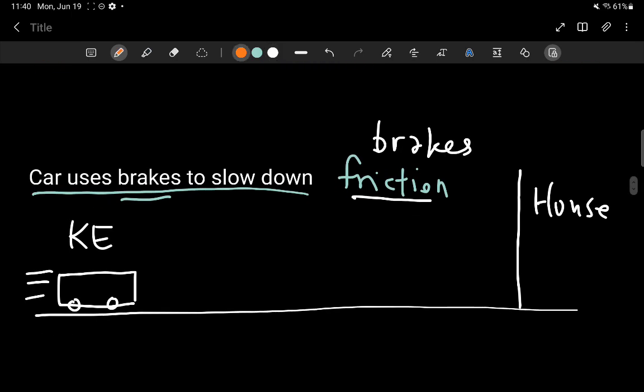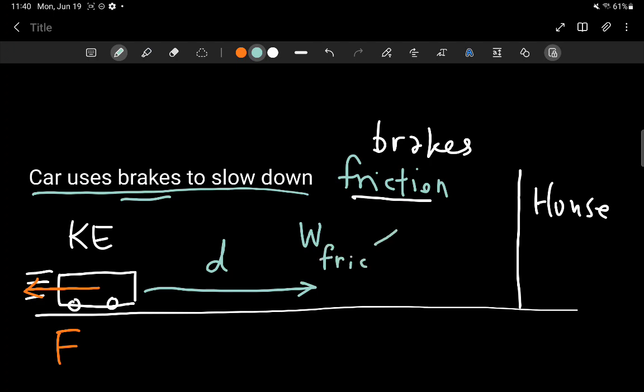So let's say that braking force is a force backwards, right? So this is the braking force. And you'll notice that as the car puts on the brakes and slows down, it still displaces this way, right? And this is the situation where we get a work done by this friction force that is negative, right?